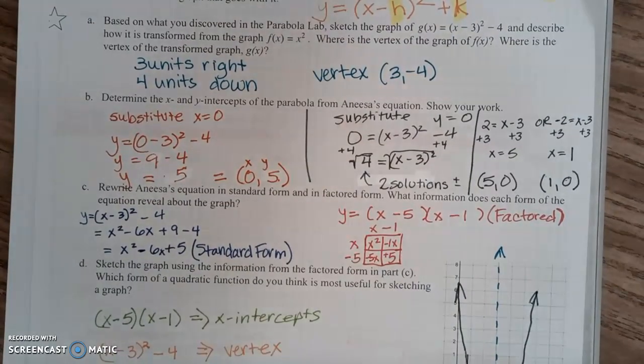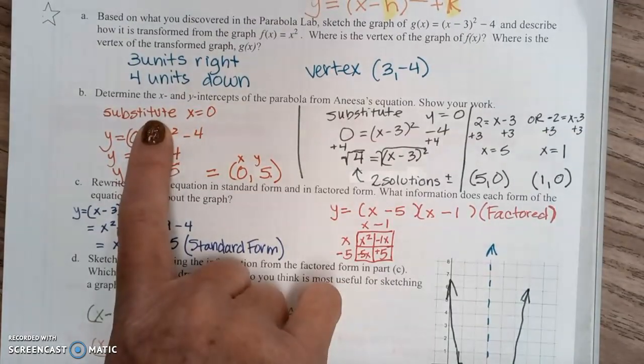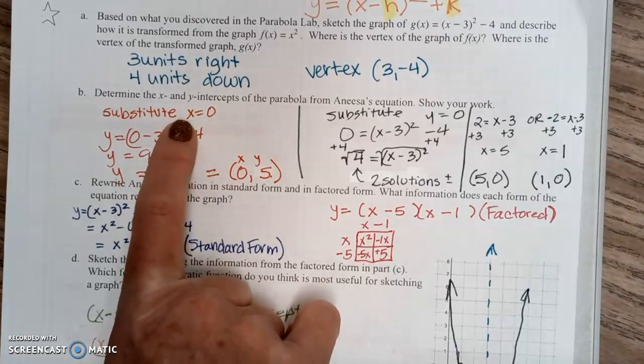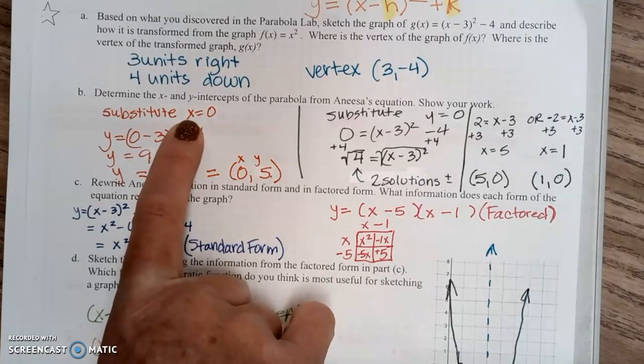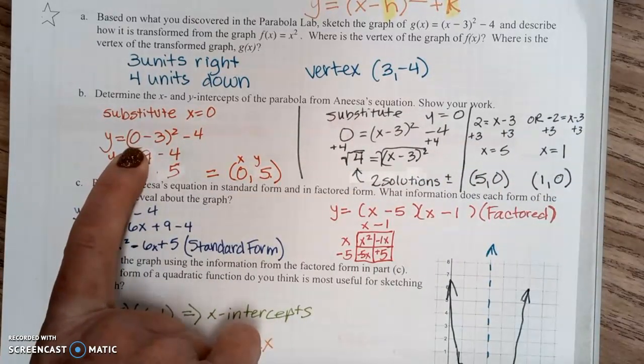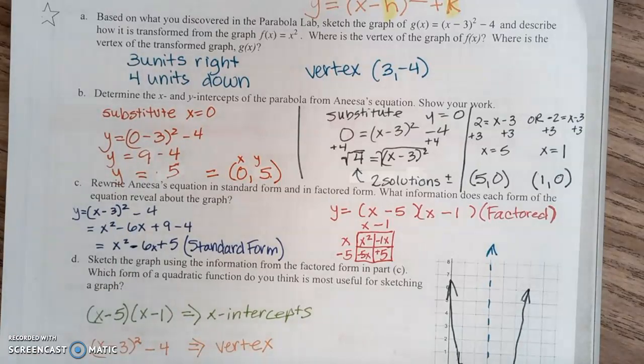All right, part B, we're going to determine the x and y intercepts of the parabola from Anissa's equation. And they want us to show our work. Okay, so for part B, to get the y-intercept, we're going to substitute 0 in where we see our x. There's only one x, so we plug it in there, and then we calculate it using our order of operations.